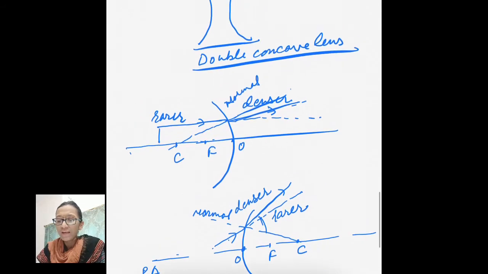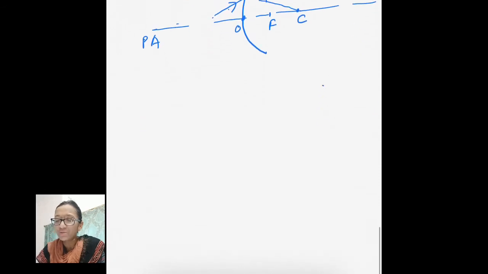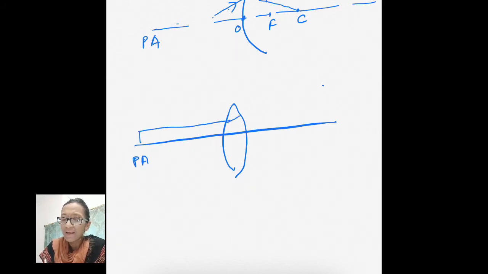So you can see in both the cases, in first case as well as in second case, the ray is bent away from this principal axis. So when you combine the two surfaces and draw the principal axis, you find that the ray is bending away in both the cases.